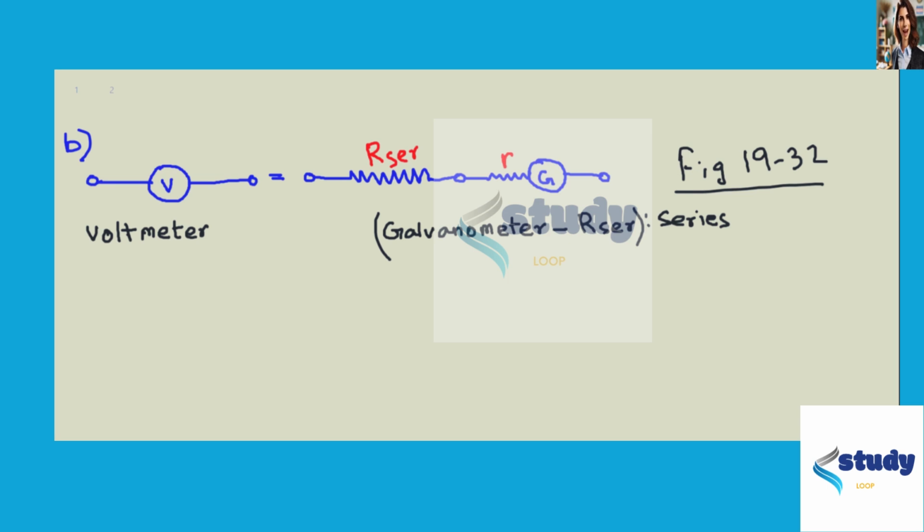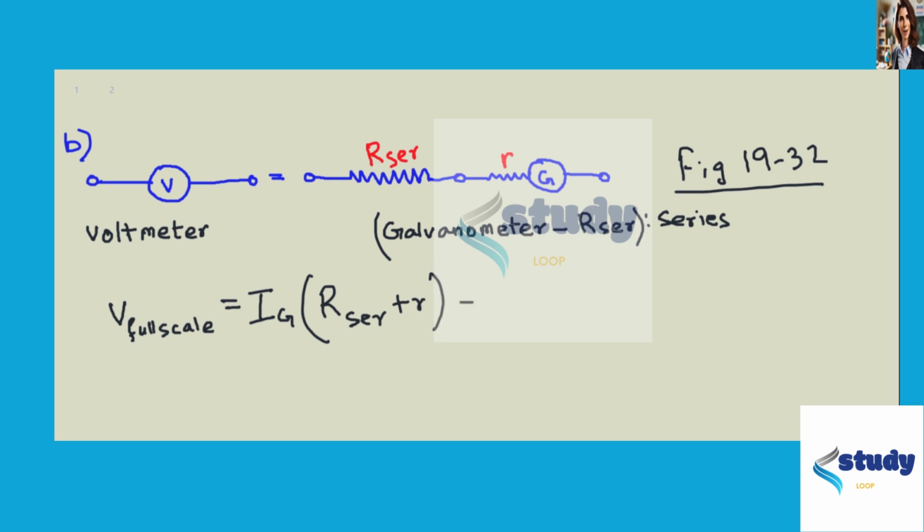So that means the total resistance times the current passing through the circuit should be equal to our full scale voltage. So V full scale should be equal to Ig, that's the current that's passing through the circuit. Since it's a series connection, the current is all the way same, and since they are in series, we can write R SER plus little r.